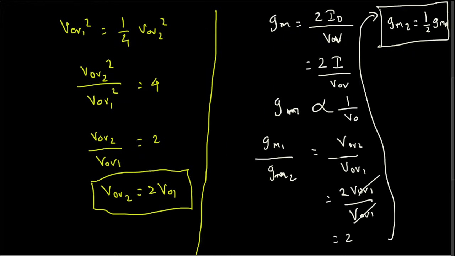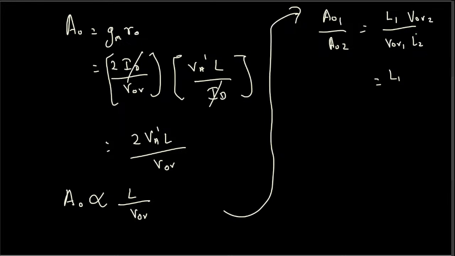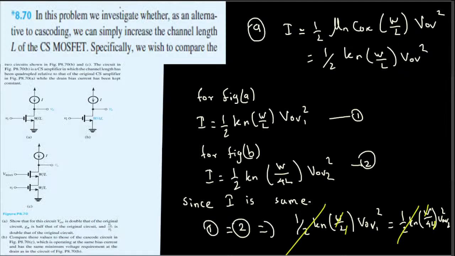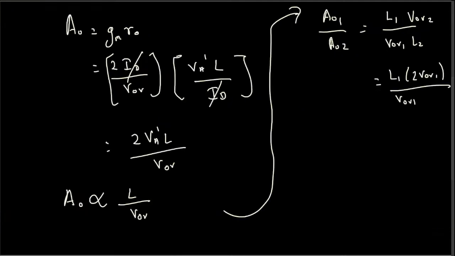Okay, so here V_ov2 is equal to 2 V_ov1, so instead of V_ov2 we can write 2 V_ov1 right here, and V_ov1 we keep as it is. And then L2, if you look at the diagram, the length of the second one is 4 times larger than the first one, so we can say 4L1 here.